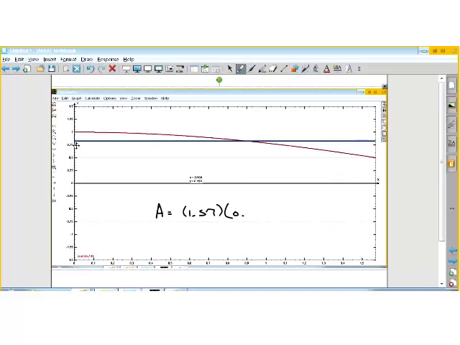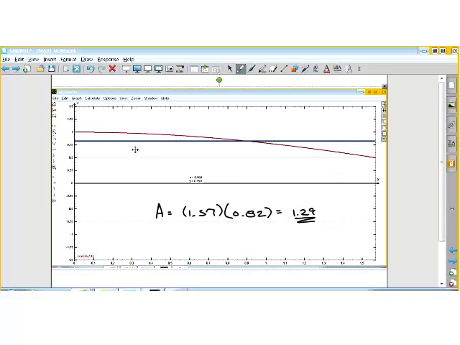So each one's 0.05, so that's 0.82. And if we multiply those two together, 1.57 times 0.82, we get 1.29. 1.29 is the area that I estimated.